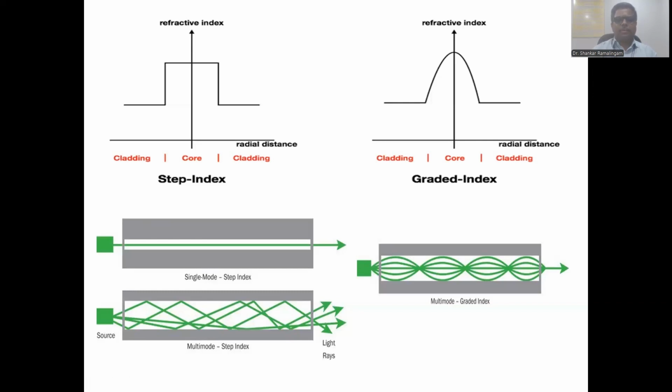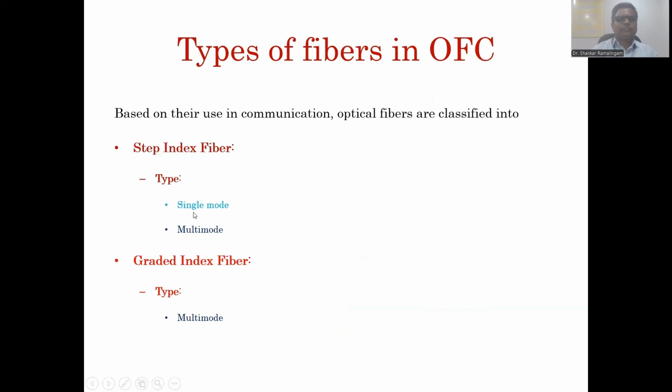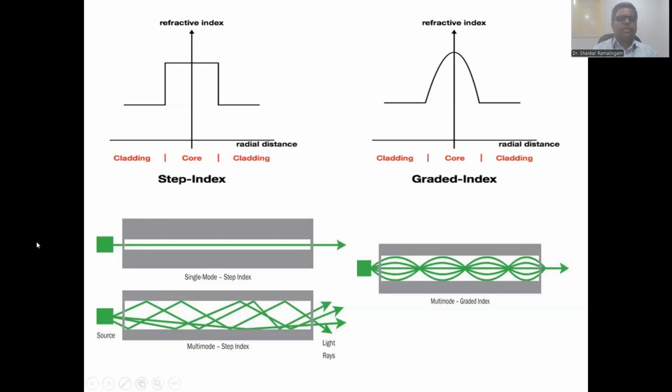Let us see. Before that, we have seen there are two types of step index fiber: single mode step index optical fiber cable and multi-mode step index optical fiber cable. So let us see what this is in terms of its picture. In the case of single mode optical fiber cable, we can have only one optical signal present in the core of your optical cable.